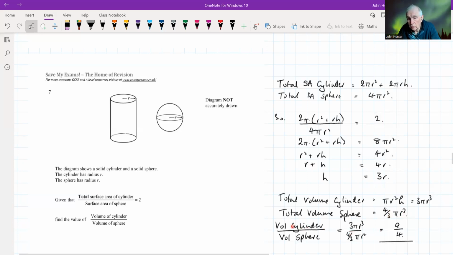So if we divide one by the other, cylinder by the sphere, the pi r cubes go out. That is a cube there at the bottom. It doesn't look like it, but it is. And we get 3 divided by 4/3. When we divide by a fraction, we multiply by the reciprocal of the fraction. That's 3 times 3/4, 9/4. Okay, so that is what that is.